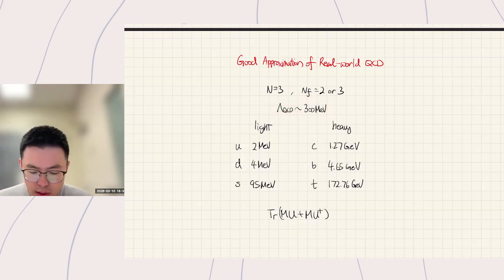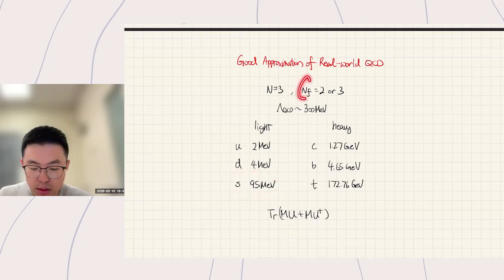It's actually a pretty large window for Lambda QCD, but it's clear that the up and down quarks are much lighter than Lambda QCD. So we can think about our real-world QCD by treating up and down quarks as light quarks. Then we can think of them essentially as massless quarks. Okay. But in some cases, we can also think of the strange quark as part of the light quarks.